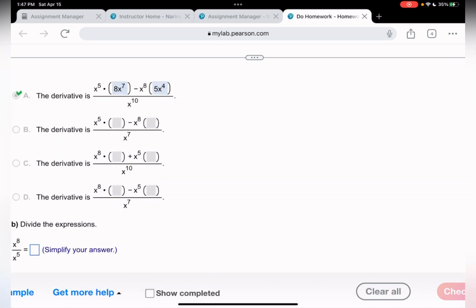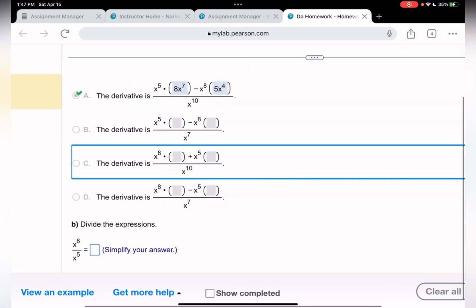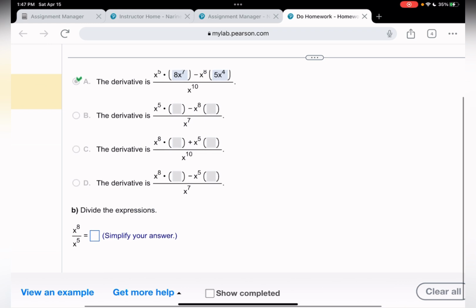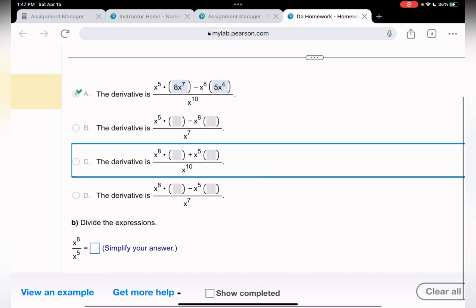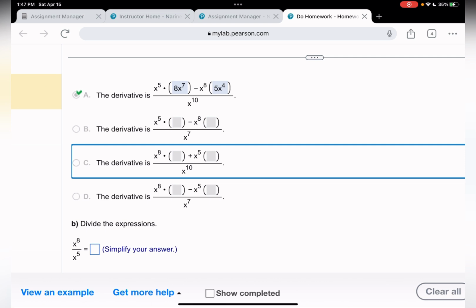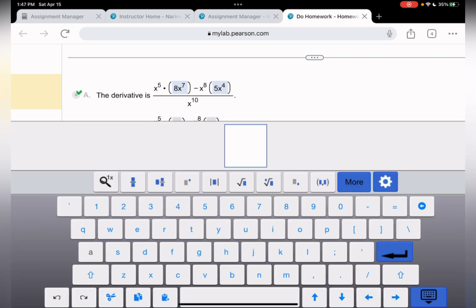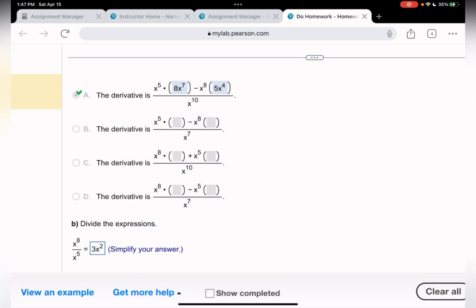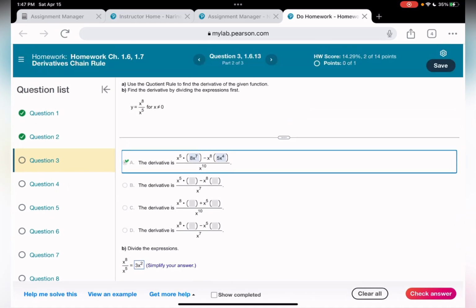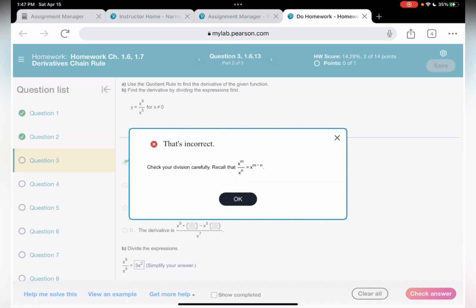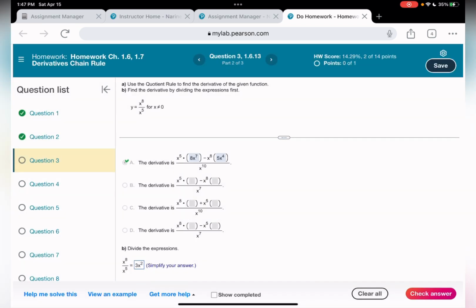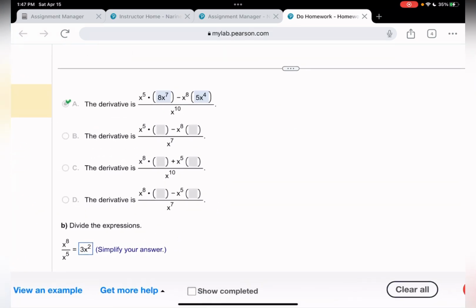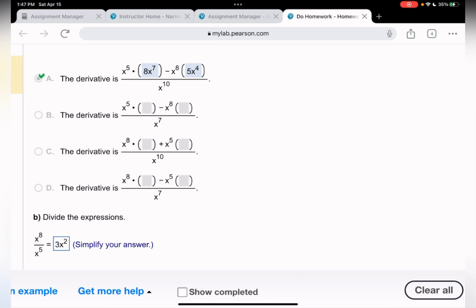Okay, nice work. What do we have here? Divide. Okay, it's asking for the derivative of the entire fraction, and it's 3x to the power 2. Oh, I'm sorry, it's not derivative, it's asking to divide.